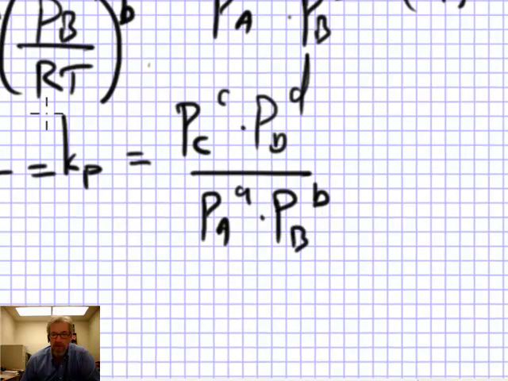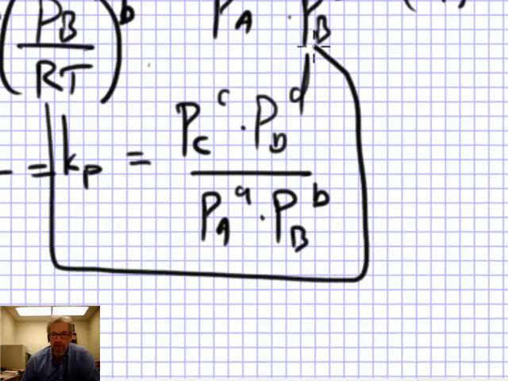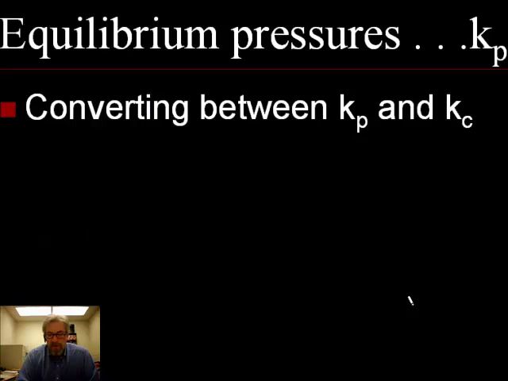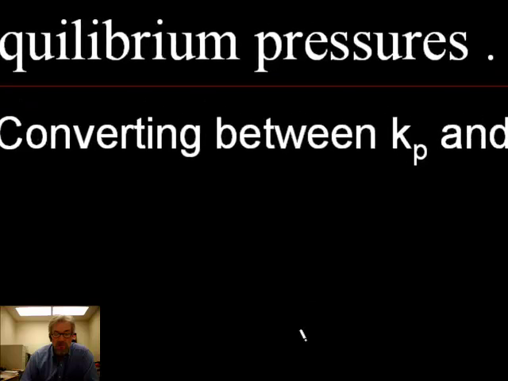That equilibrium expression can be used when you have only gaseous reactants. Another thing that might be useful is to be able to convert back and forth between Kp and Kc. So let's explore how that might be done.